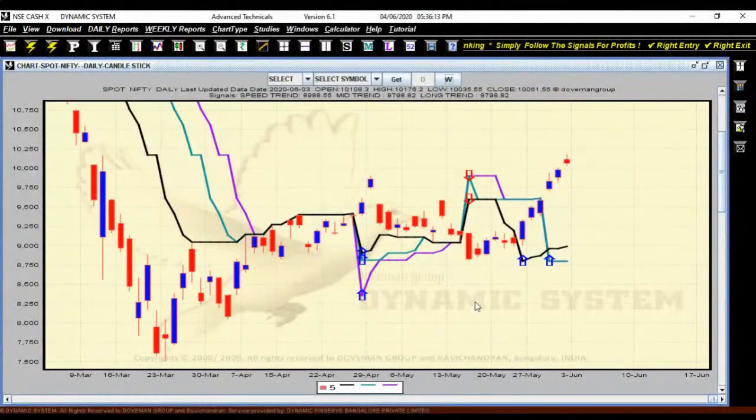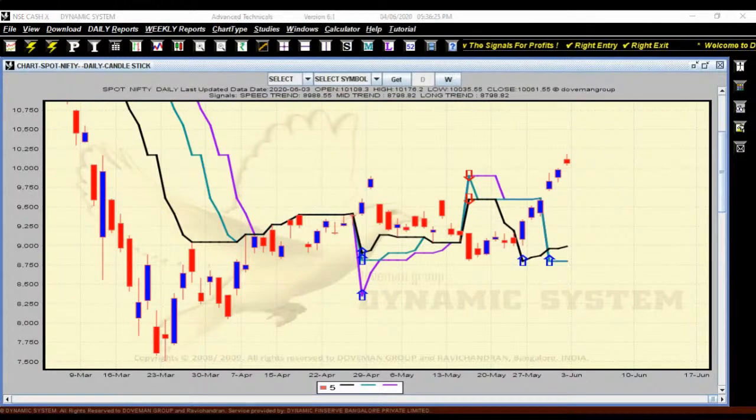So this is the dynamic system, and you're looking at a daily chart of a Nifty. How to open these charts and what is what, you'll understand in the training video related to dynamic system, but you don't have to worry about it.